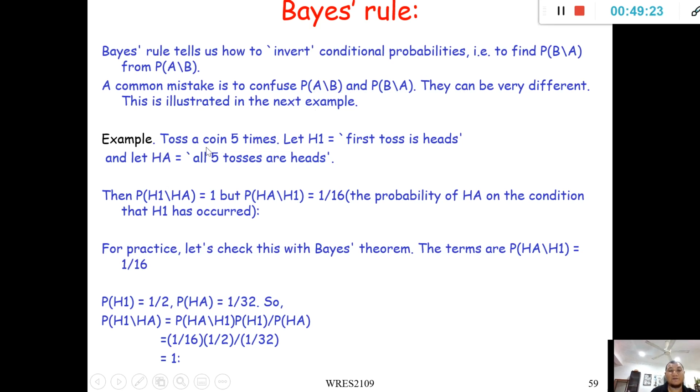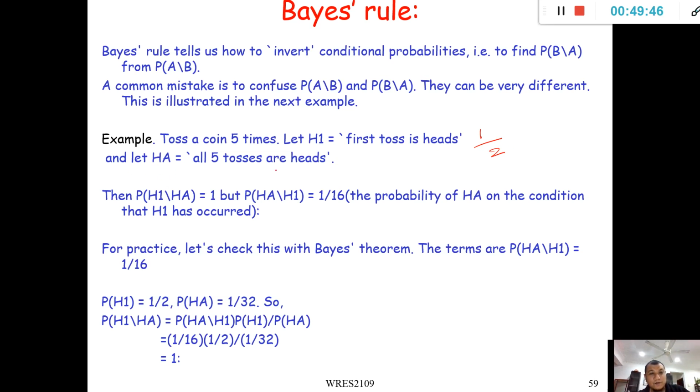So we toss a coin 5 times. Let H1 be that the first toss is heads, so you have 1 over 2.